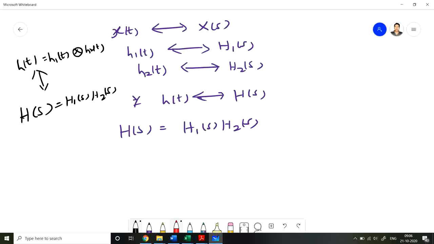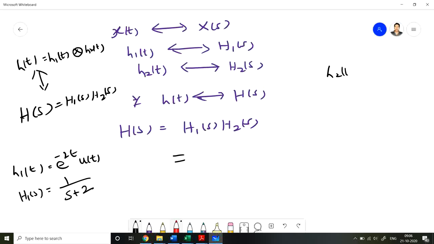Now h1(t) is e raised to the power minus 2t times u(t), so H1(s) is 1 divided by s plus 2.